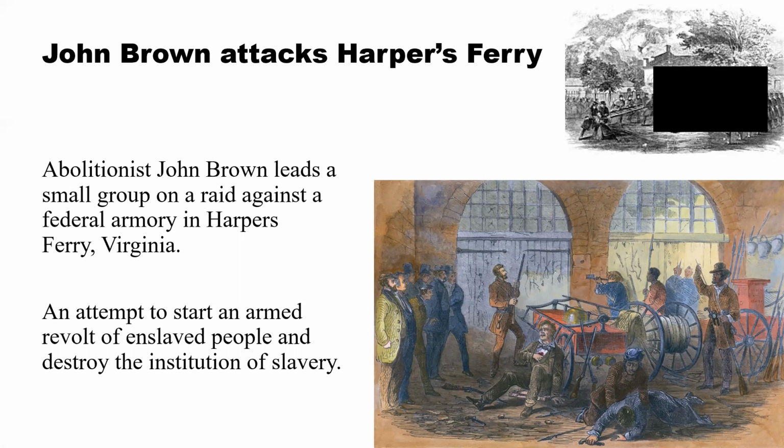Just right before the Civil War, there's an incident: John Brown attacks Harper's Ferry. John Brown is basically an abolitionist who leads a small group on a raid against a federal arsenal in Virginia, in an attempt to start an armed revolt of enslaved people and destroy the institution of slavery.